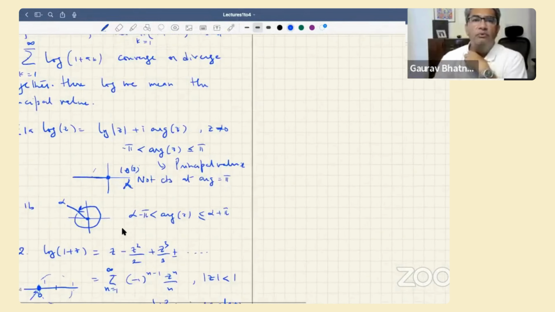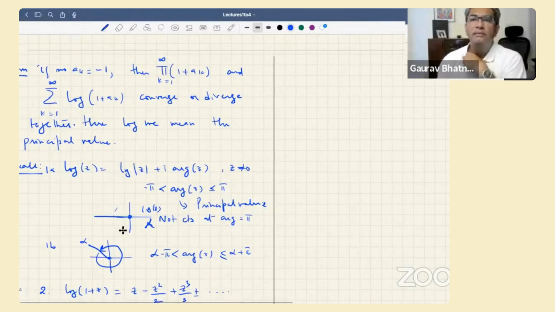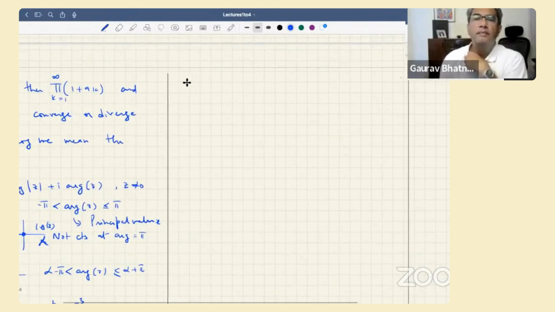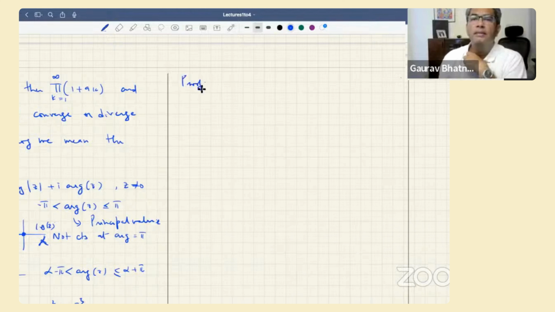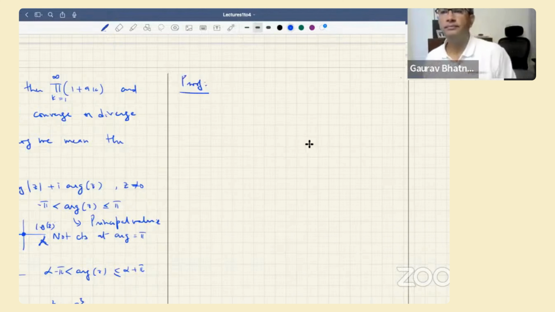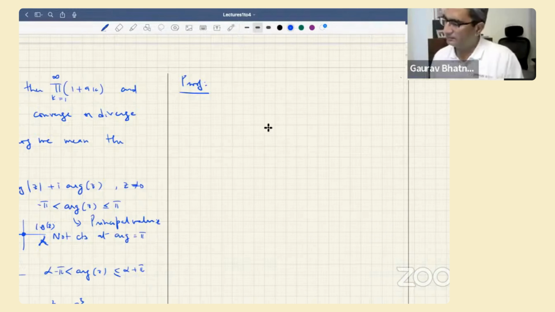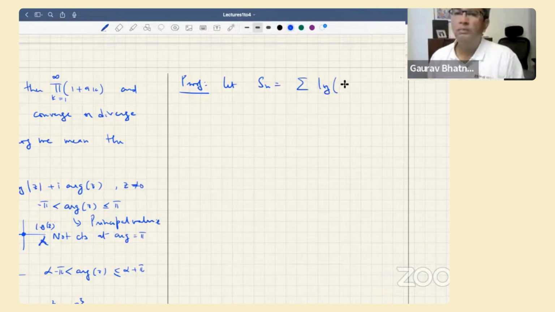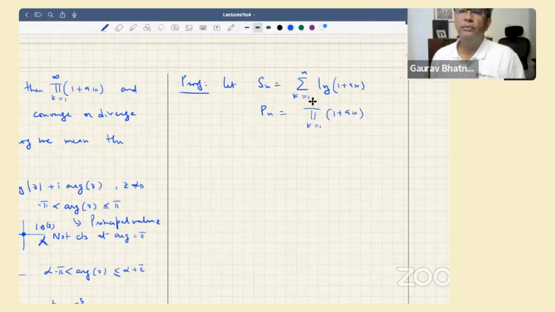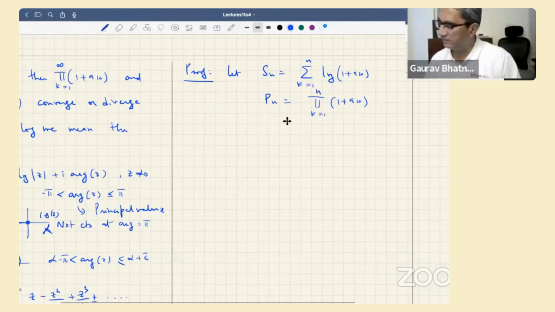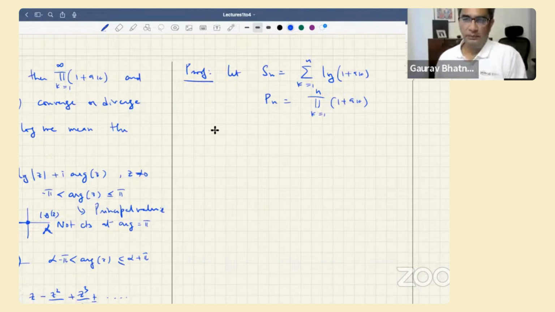Okay, so let me prove this theorem. Let S_n be the sum of log(1 plus a_k), k going from 1 to n, and P_n is our usual product of 1 plus a_k, k going from 1 to n. We want to show that S_n and P_n converge or diverge together.